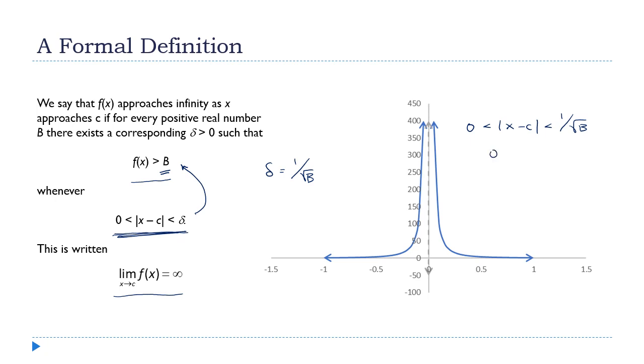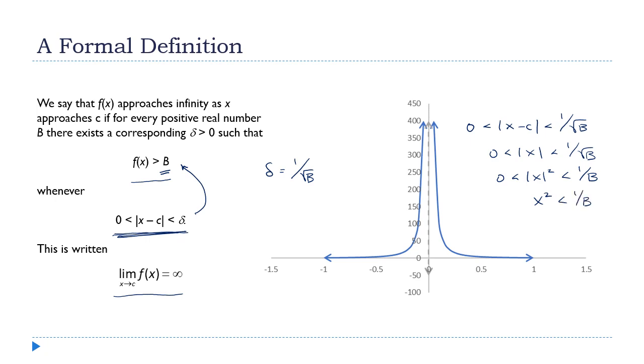So this is 0 less than the absolute value of x less than 1 over the square root of b. And now let's square both sides. This is saying 0 is less than the absolute value of x squared is less than 1 over b. Okay, well the absolute value of x squared is just x squared, still less than 1 over b.